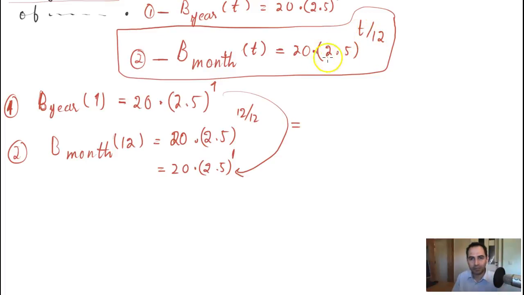So basically you need to rewrite this as b of month of t is equal to 20 times 2.5 raised to the power t by 12. So you have basically a raised to the power b by c.